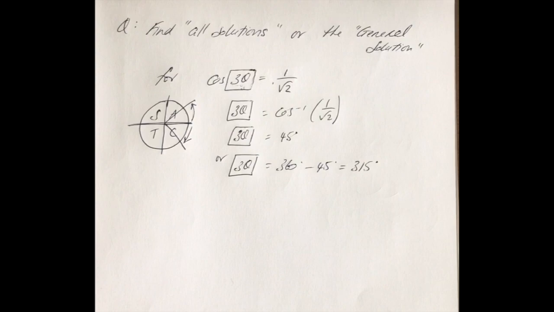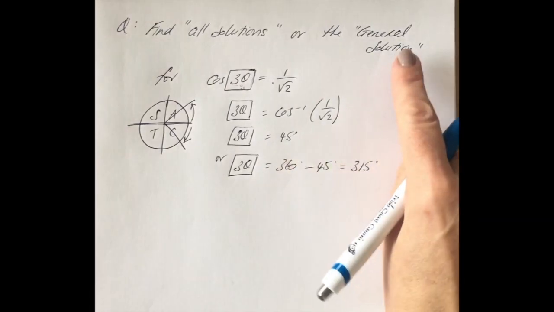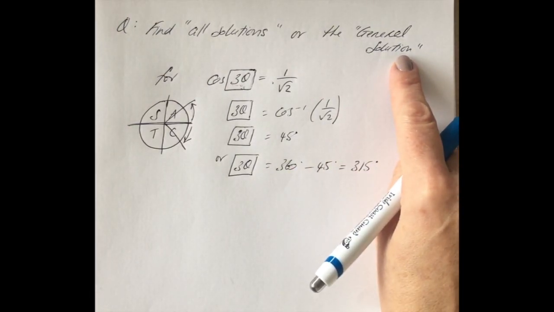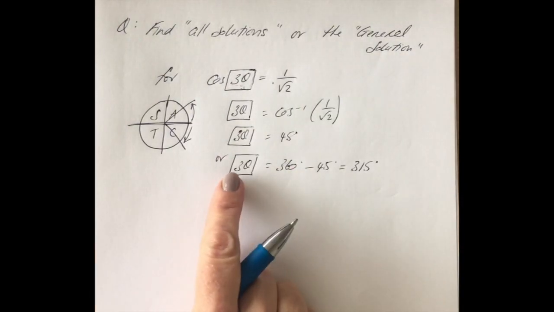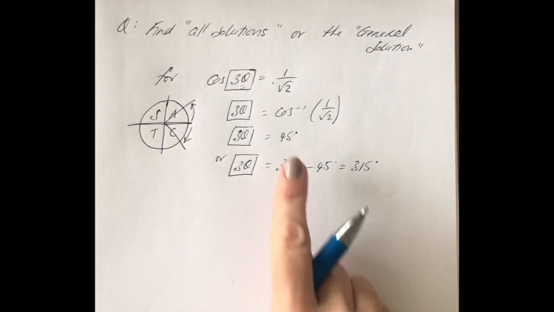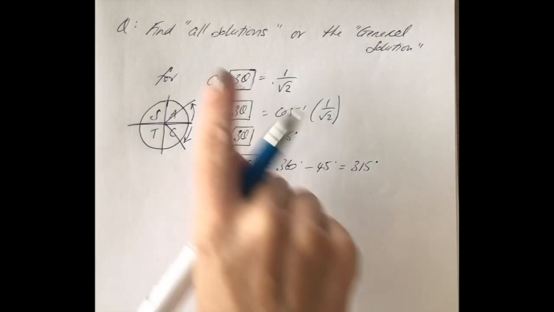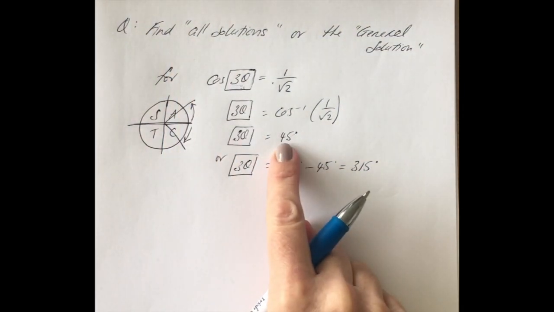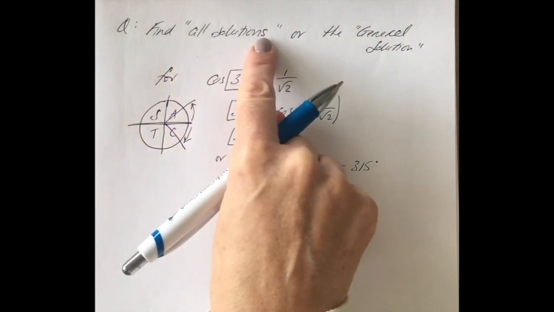Now what I'm going to do is write it in its general solution form. As I said, with the triple angle, I will get rid of that 3 by dividing by 3, but not until the very end. First of all, I want to write something that would express how to find all solutions.